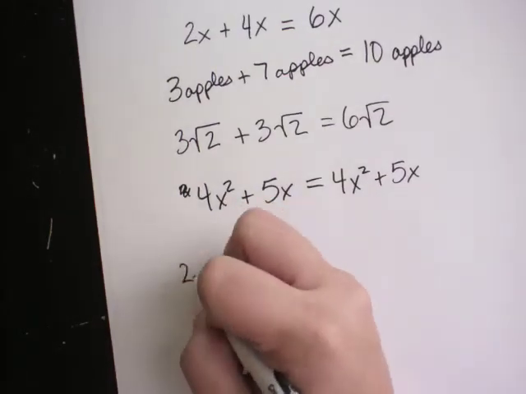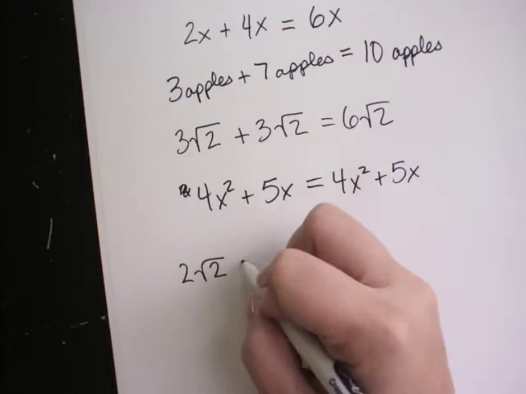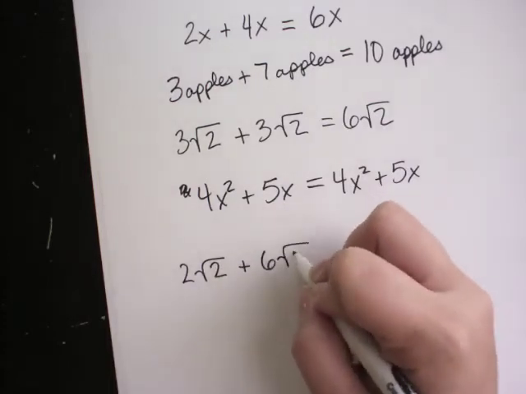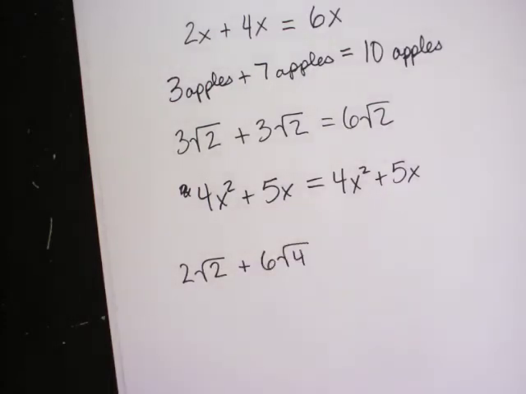If I have 2 square root of 2 plus 6 square root of 4, I cannot combine these because what's under the radical is different. It's different types of terms. You could use that language. It's not really 100% correct, but it makes sense to us because of the way that we learn to combine like terms.